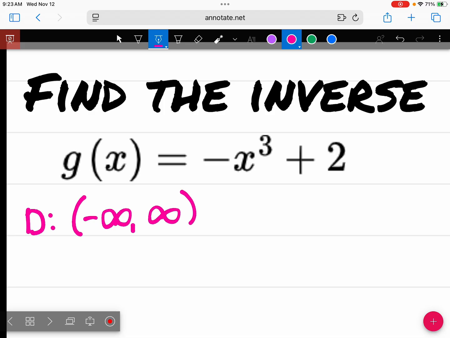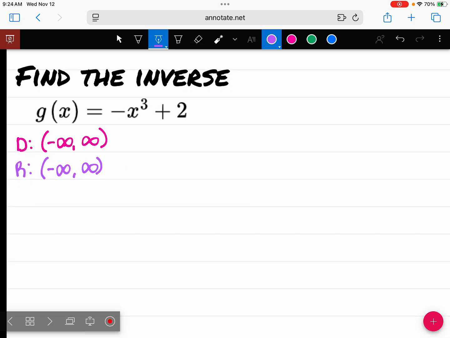What's our range going to be on this one? Also negative infinity to positive infinity. This is an odd degree function, so our arrow's going opposite directions, which means my domain goes from negative infinity to positive infinity. My range goes from negative infinity to positive infinity. Yes, that is the exact same thing as all real numbers.